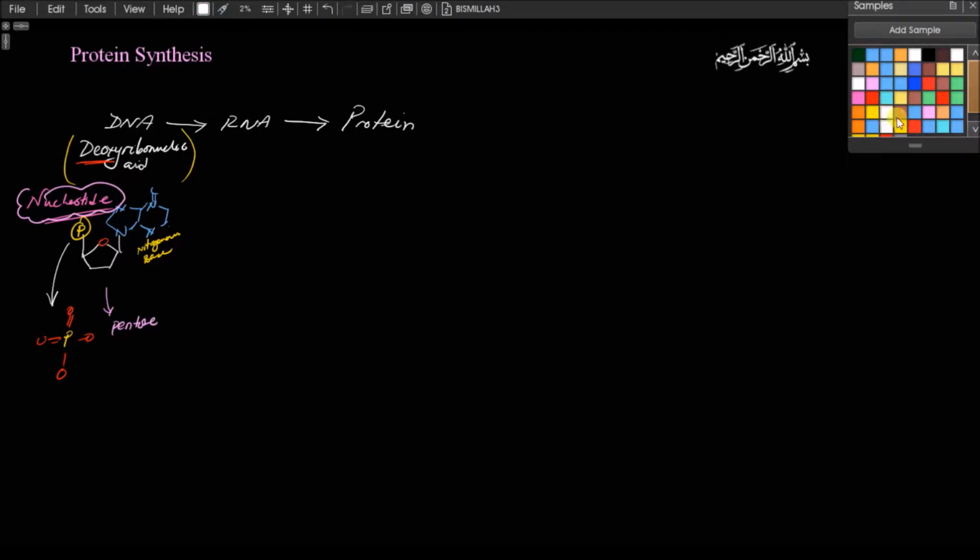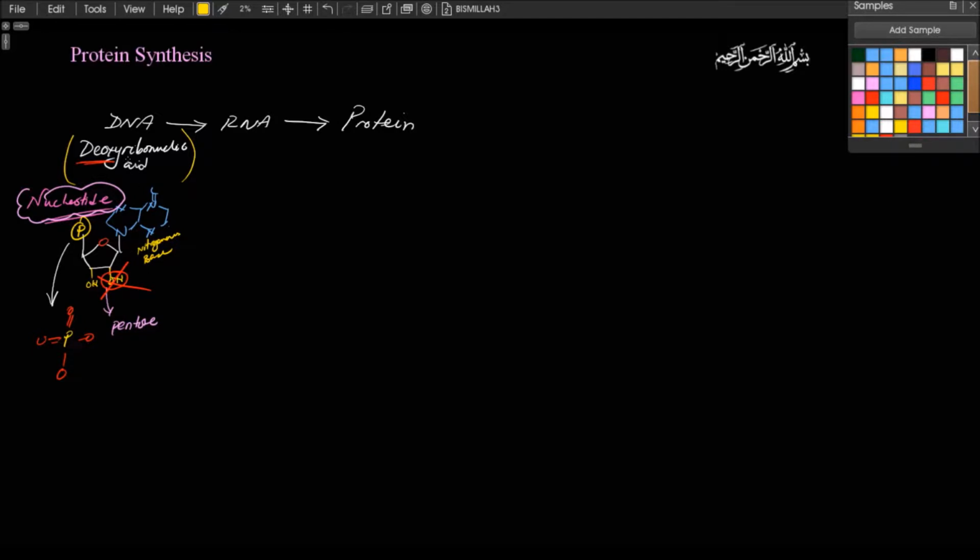Now, if you recall the properties of sugar, it's like this, and has boatloads of hydroxyl groups, and anywhere you don't see something, you put a hydroxyl group in it. The difference between DNA and RNA is this hydroxyl group over there. In DNA, this hydroxyl group is missing. That's why it's called deoxyribonucleic acid.